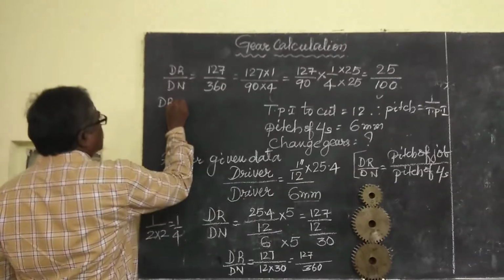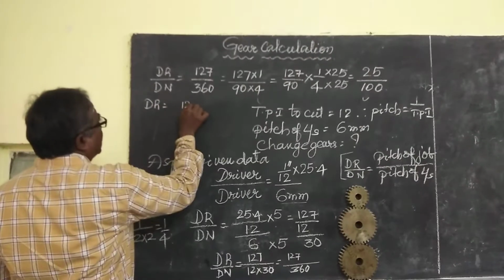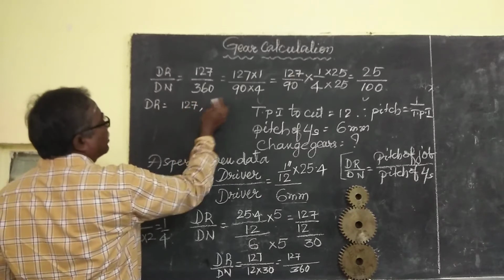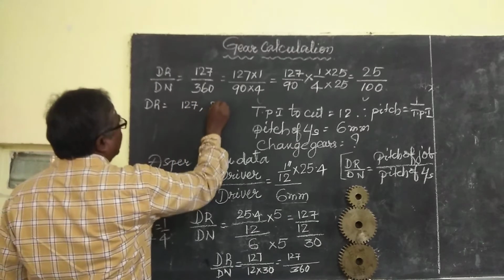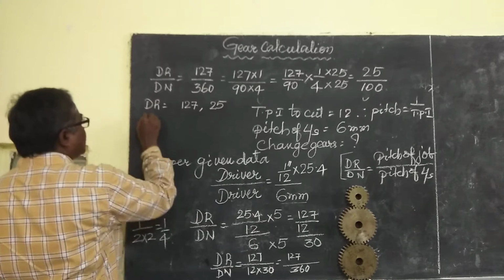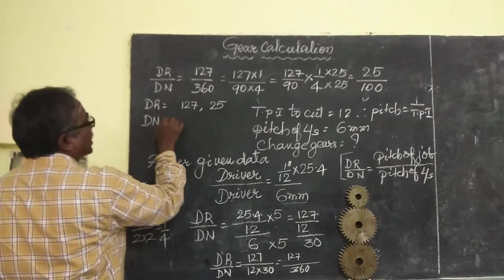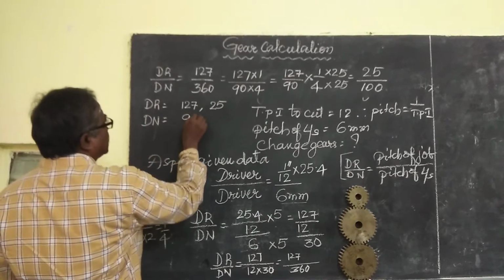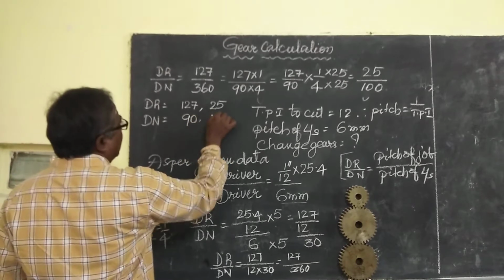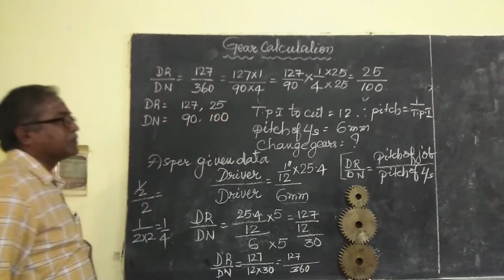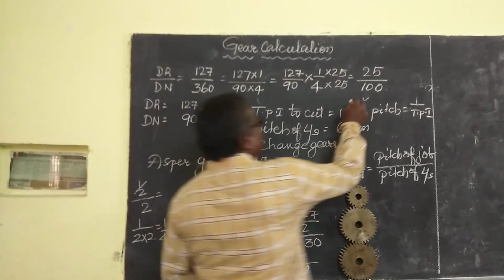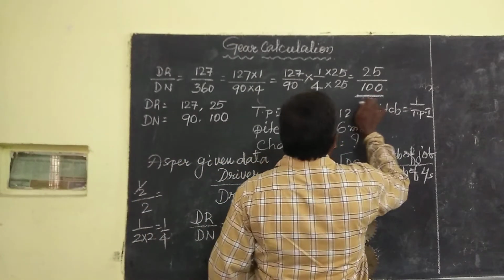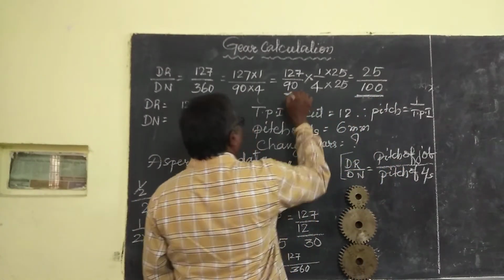Drivers are two: one is 127 and another one is 25. Drivens are two: 90 is one and 100 is one. So here one driver, one driven.